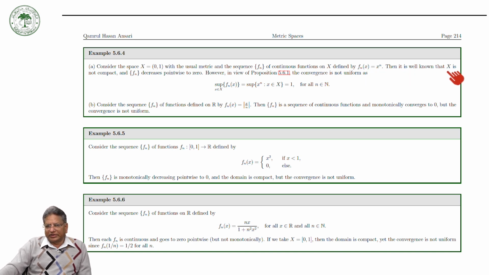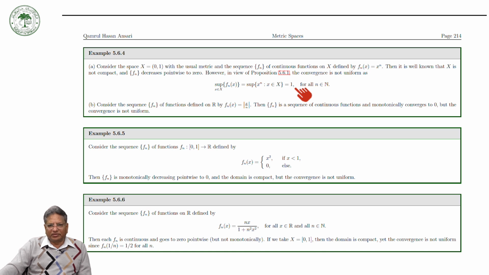Then it is well known that X is not compact, and Fn decreases pointwise to 0, and hence in view of the proposition the convergence is not uniform, as the supremum of this is equal to 1.